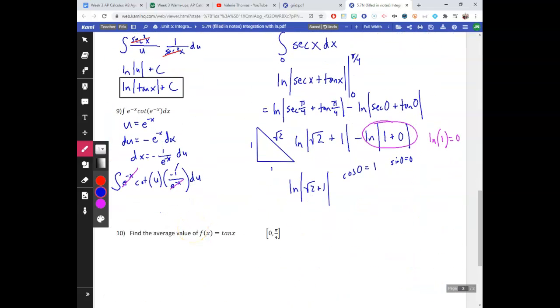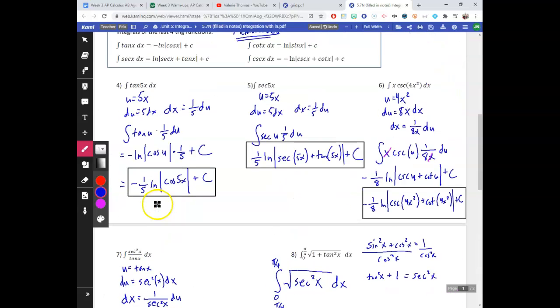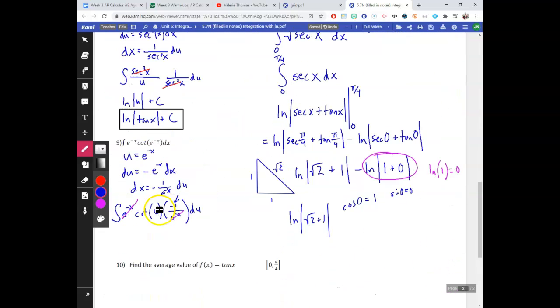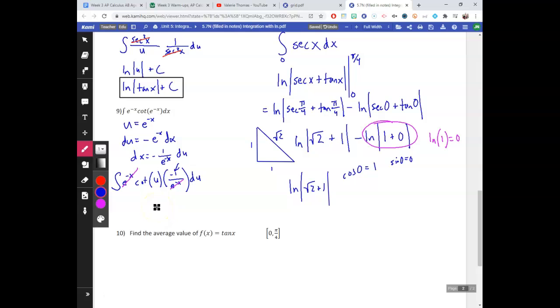And we already have a negative in here. There's no negative from the integral itself. There's a negative inside this specific problem. So it's going to be negative natural log of sine of u plus c. Don't forget your plus c again. And so when we substitute the u out, natural log of sine of e to the negative x.